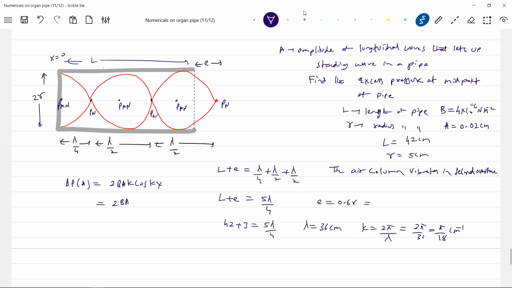What shall we do? k, I know it, pi by 18. What shall I write for x? L by 2. I think the problem is solved, no? Very simple. You need not fight with anything. We know all the values, you'll get the expression.